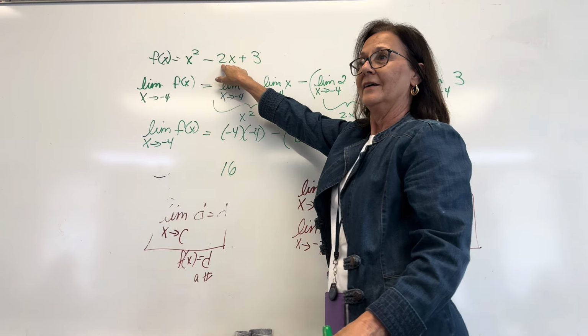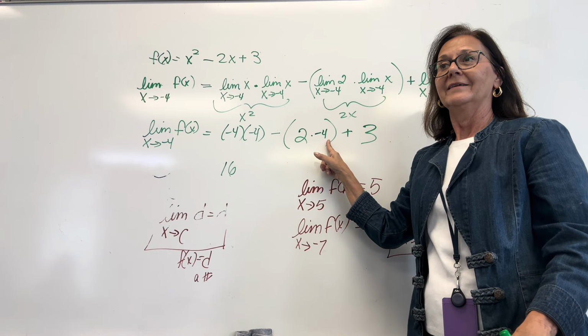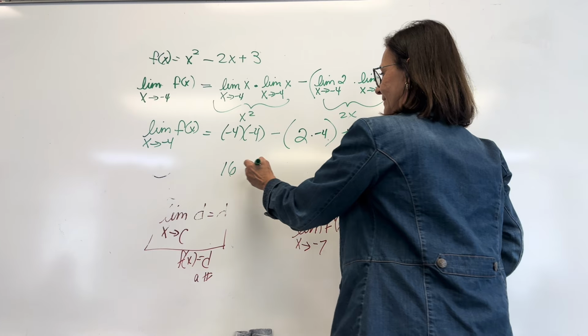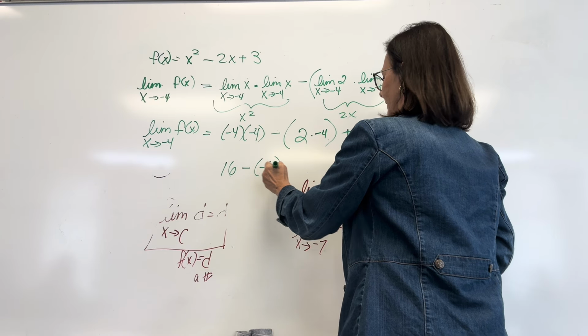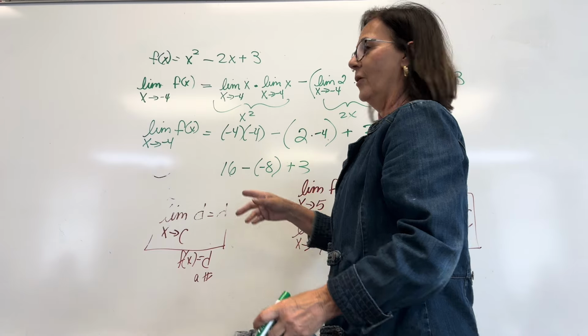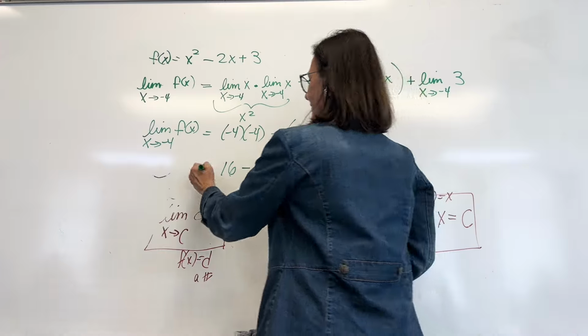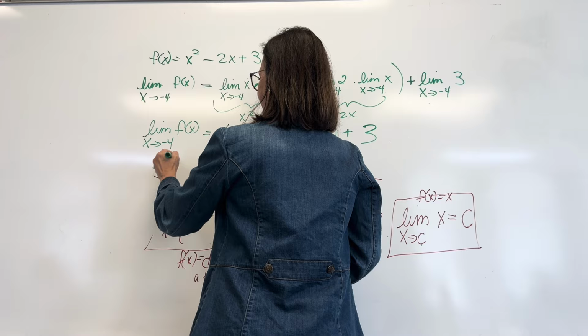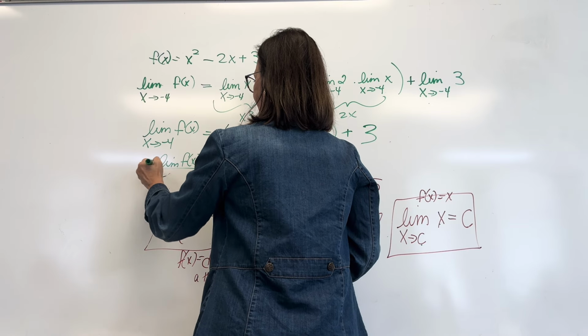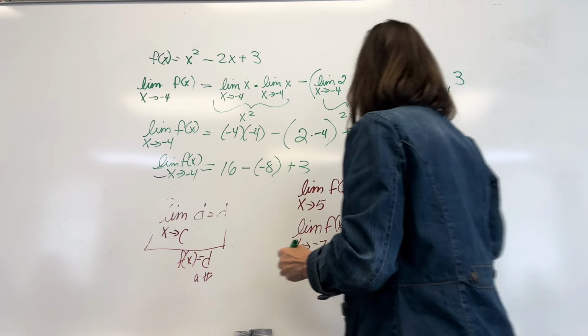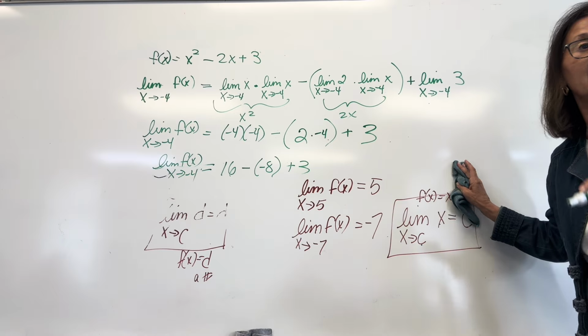Minus 2 times negative 4, plus 3. Is it the same thing as just saying it's f of negative 4? Yes. Literally, it's the same thing as substituting the number into the formula.